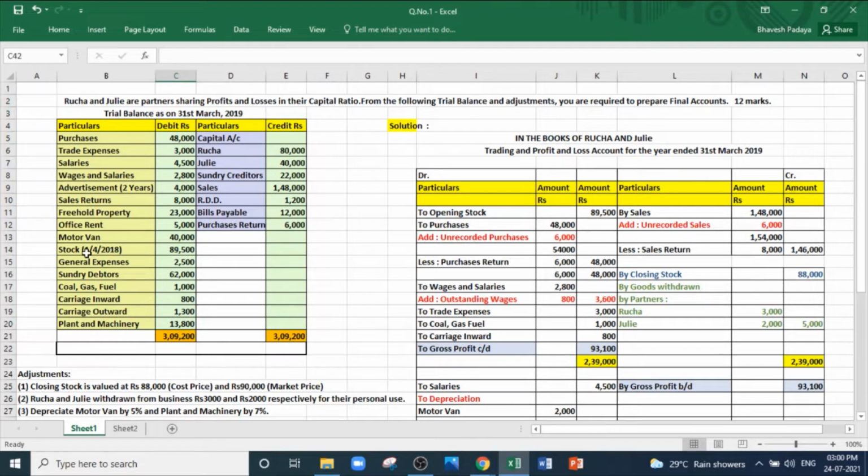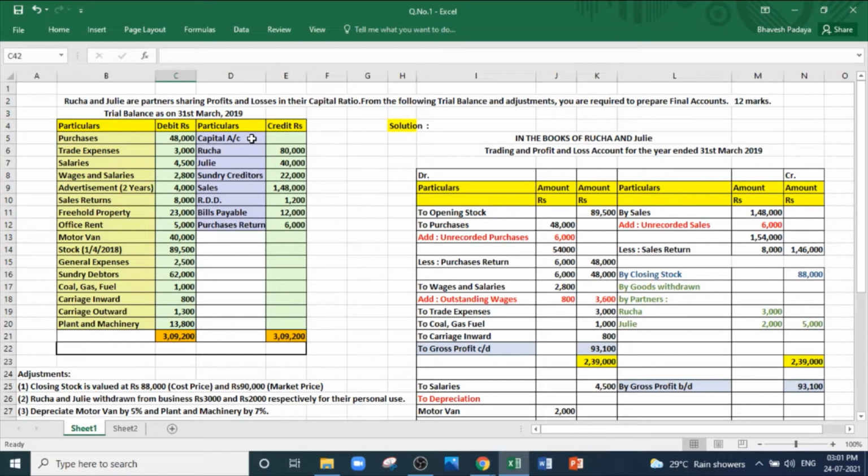The date is 1st April 2018. Your year is ending on 31st March 2019. So this is your opening stock. General expenses, sundry debtors, coal, gas, fuel, carriage inward, carriage outward, plant and machinery.